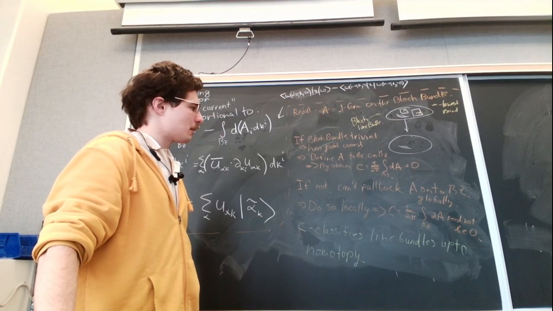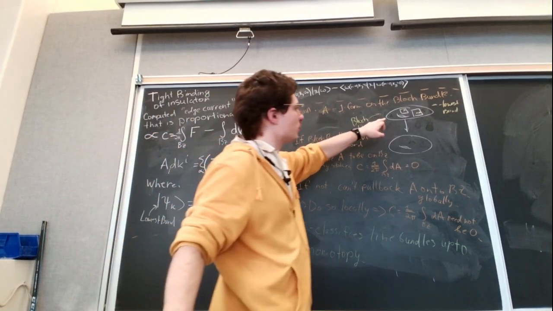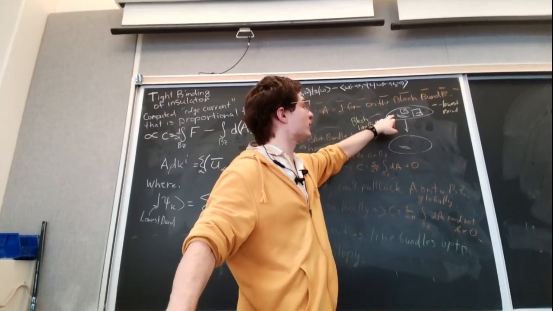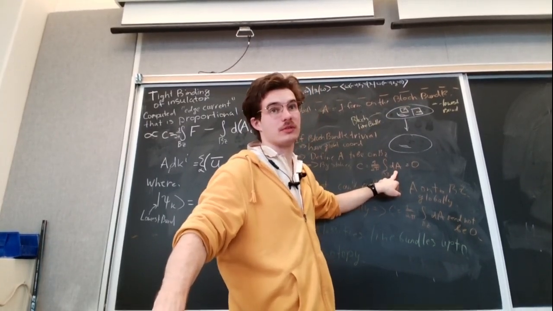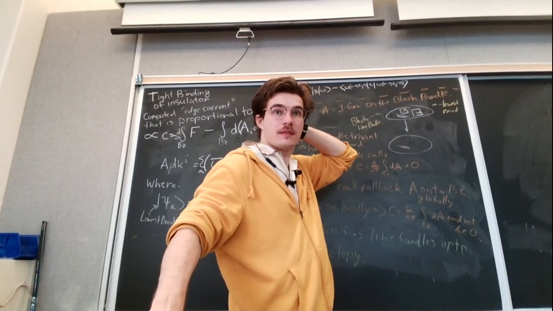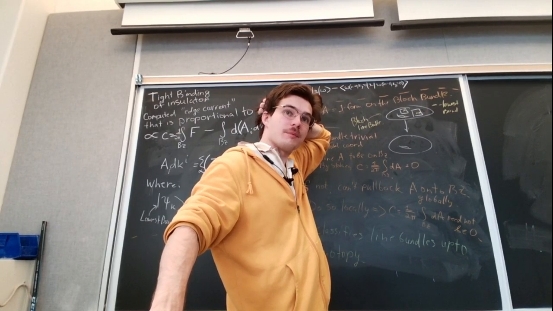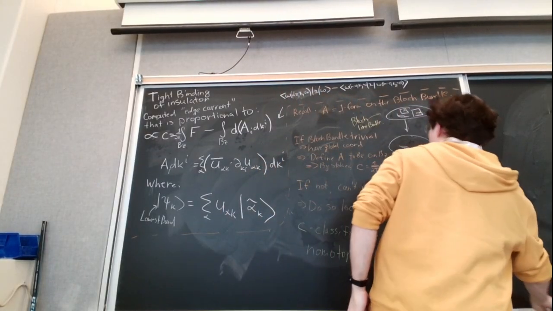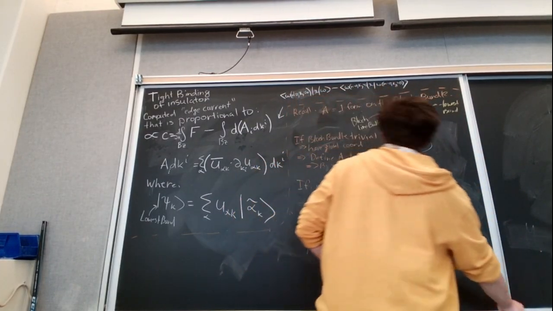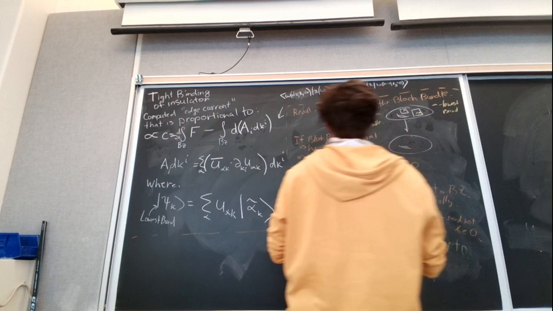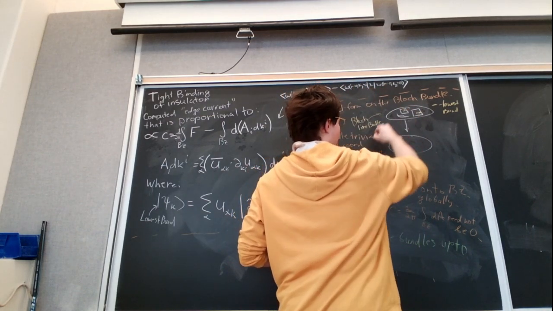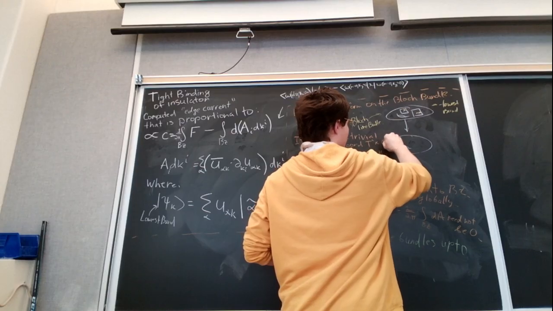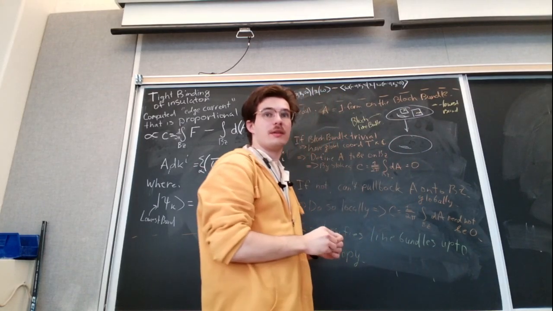Yeah. But do people see why, if I can't choose global coordinates here, why this need not be 0? Actually, no. Do people understand why if I have global coordinates here, why this has to be 0? If I have global coordinates, then this line bundle just looks like T, the torus, cross C. Do you agree?